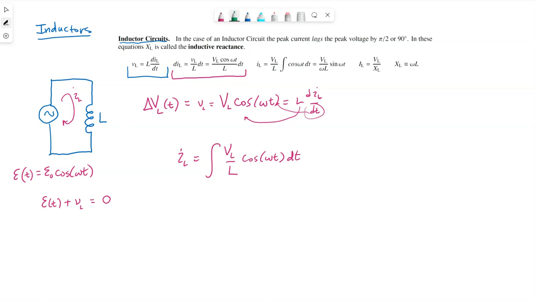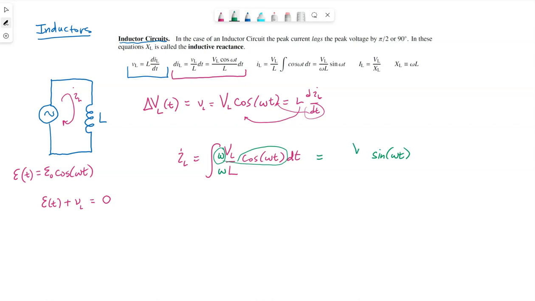Now, I know the derivative of sine gives me cosine. So if I want to say that we get to sine omega t by integrating, then I need the omega cosine omega t to represent the derivative of sine omega t.